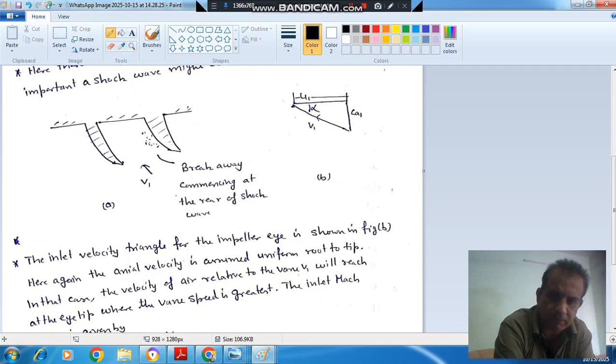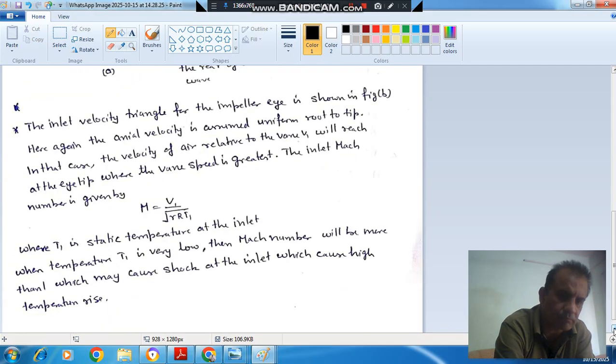The inlet Mach number is given by M equals V1 by root gamma R T1, where T1 is the static temperature at the inlet. When the temperature T1 is very low, then the Mach number can be more than 1, which may cause shock at the inlet, which causes a high temperature rise.